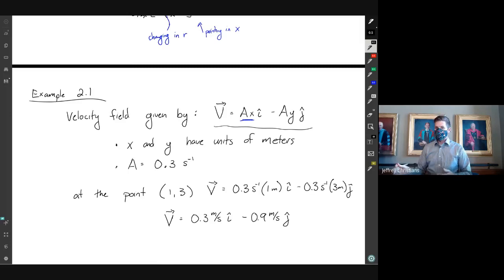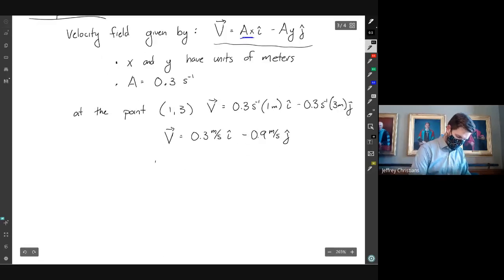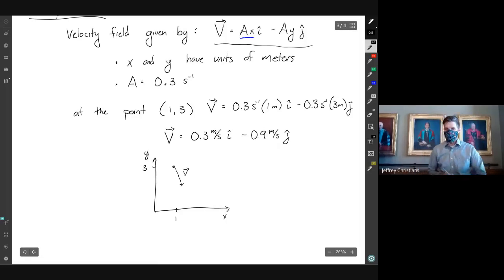We could figure out what the speed is, right? So at this point, 1, 3, we're at x and y. If we're here at 1 and up here at 3, right at this point, we are pointing down and kind of that way.